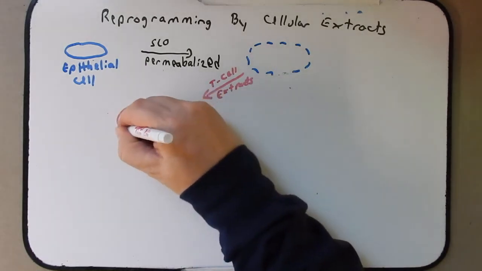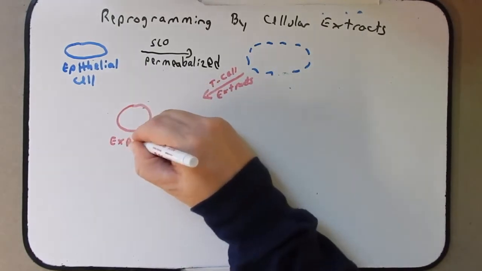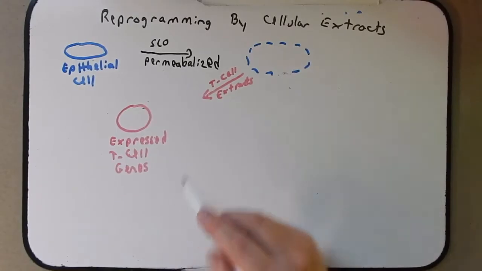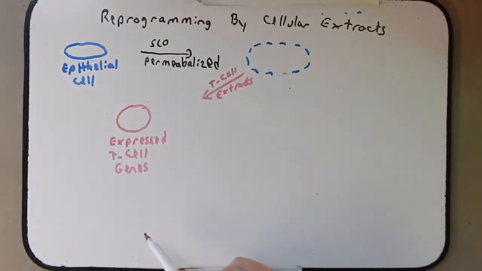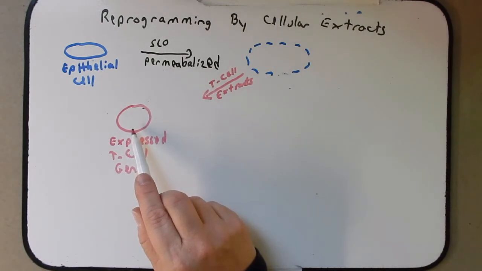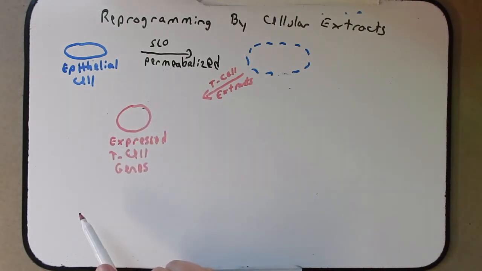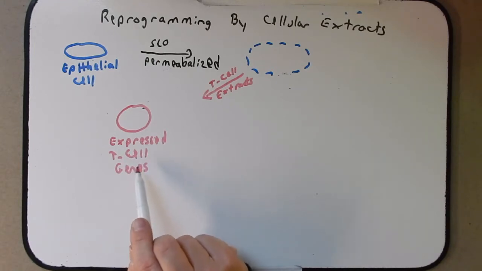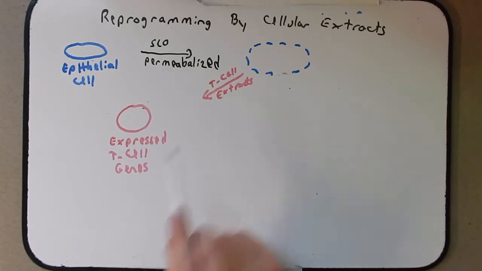And they ended up with a cell that now expressed T cell genes, indicating that this original cell could be reprogrammed to behave sort of like a T cell. Now, it wasn't functionally a T cell. It didn't automatically have T cell properties, but it began to express genes specific to T cells. So this early experiment was really important because it established the concept that we could reprogram the cell.